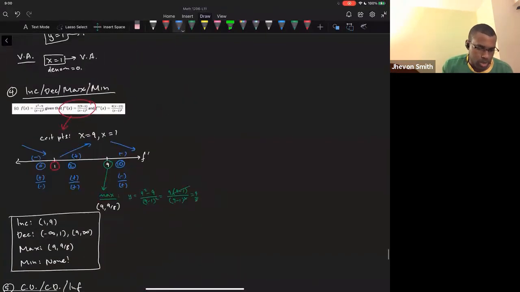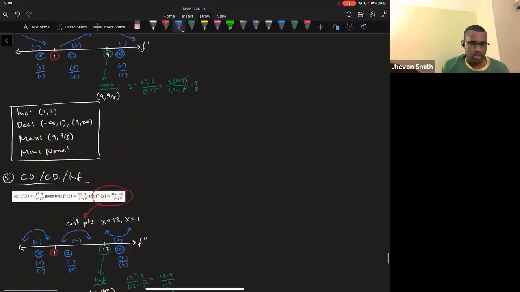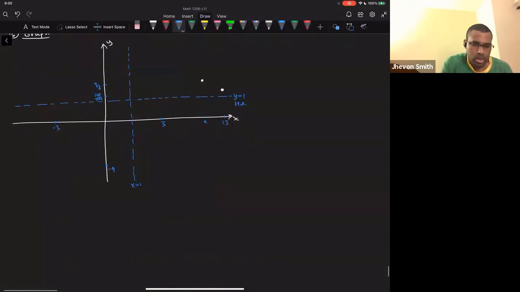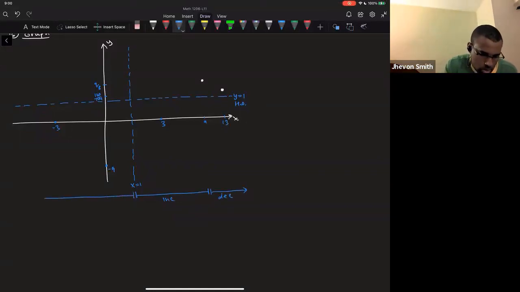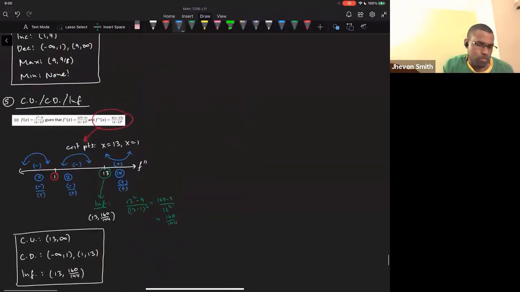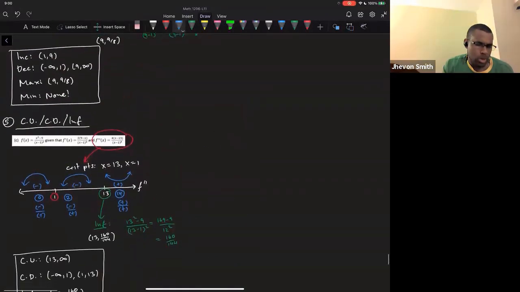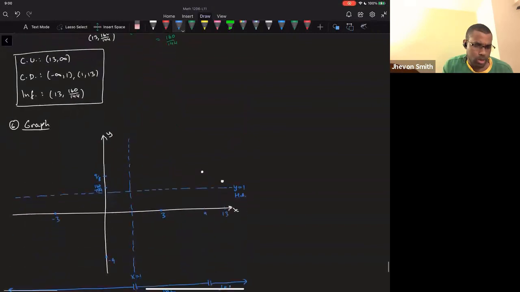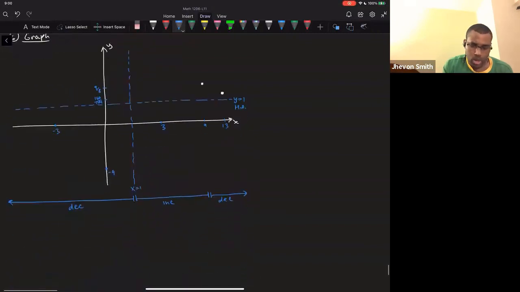Let's put in the intercepts. We're increasing between 1 and 9, decreasing everywhere else. All right, so between 1 and 9 we're increasing, decreasing otherwise. Okay, concavity. From 13 to infinity, we're concave up.